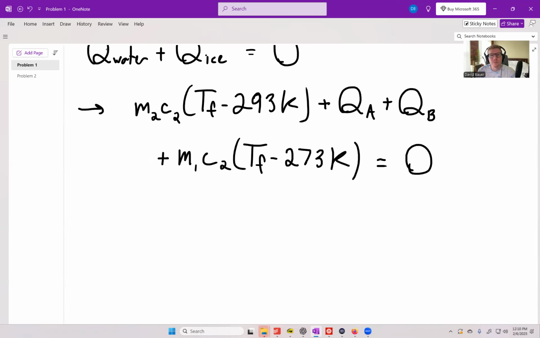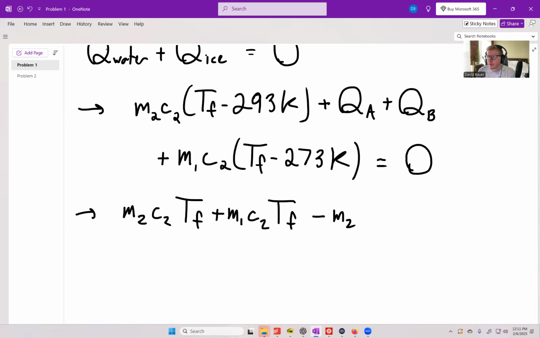And this all adds up to 0. And now we're just doing algebra to get T final. So what I can do is distribute out both of these terms here in parentheses. Okay, that's going to give me M2 C2 T final plus M1 C2 T final, and then minus this stuff.